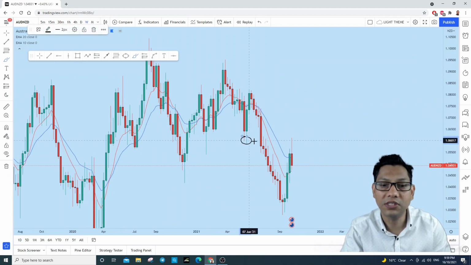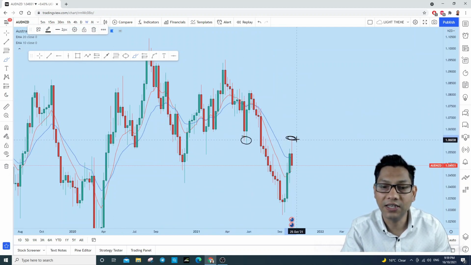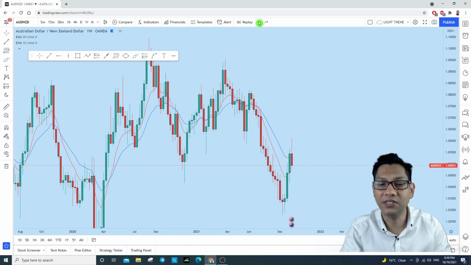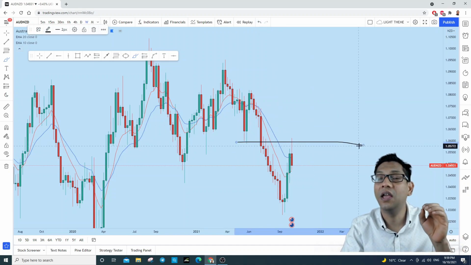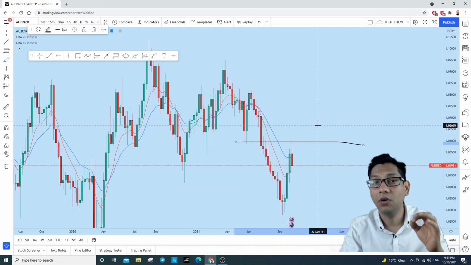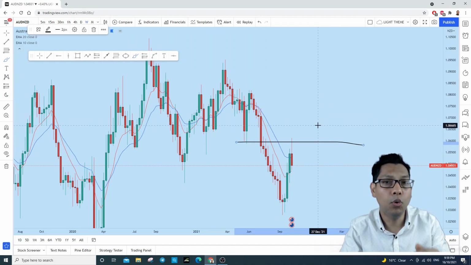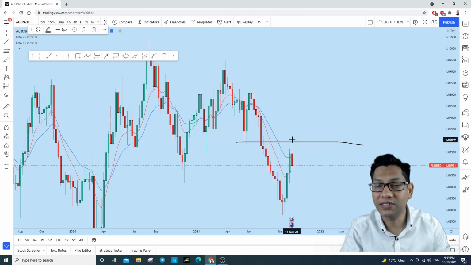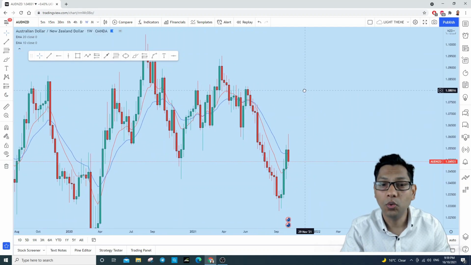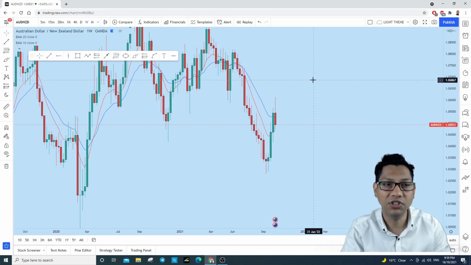This is the previous support now tested as resistance, and we see an aggressive drop. That means this is the end of the uptrend, the local correction or end of the pullback, and then we can expect a resumption of the downtrend from here. So on the weekly we are strongly bearish.